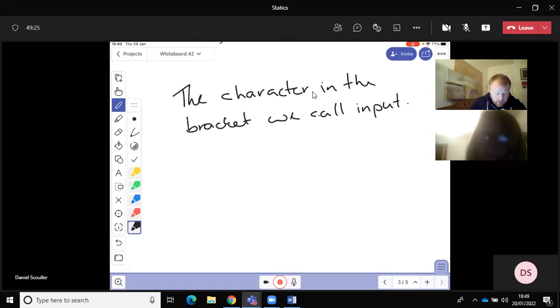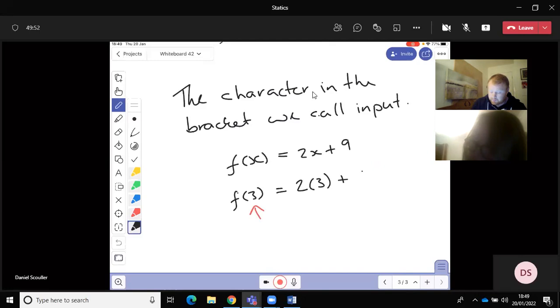Let's put that into context. If we've got f(x) equals 2x plus 9, everywhere you see an x, you'll write in the number 3. So f bracket and then they put in a number, that would become that. We've substituted that number in there.